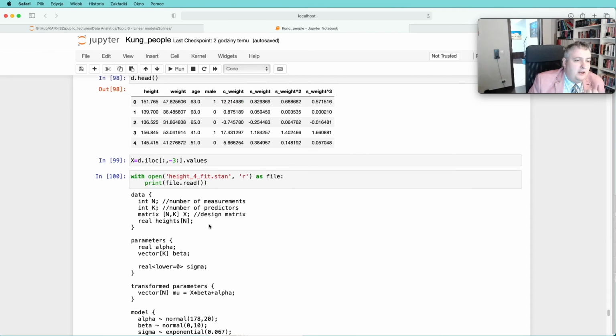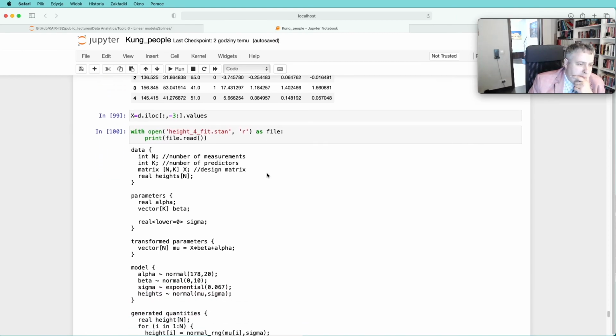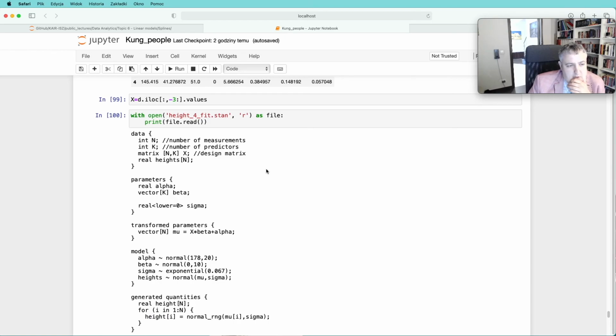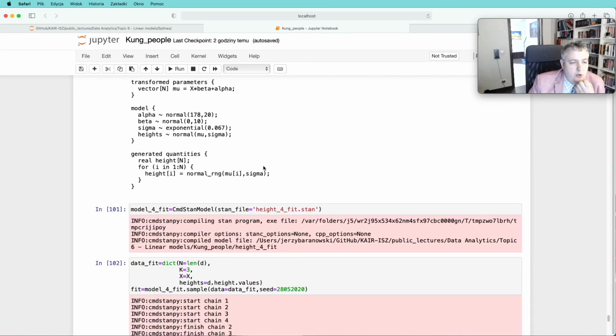So we are providing it with our design matrix with 3 predictors, the first, second, and third power of weight, which will fit in our model, again with the same priors.